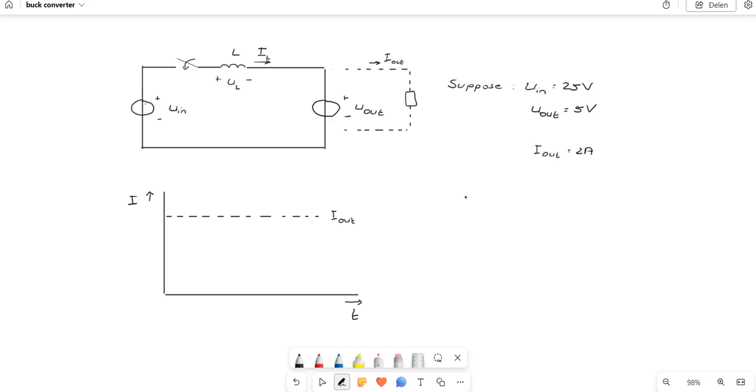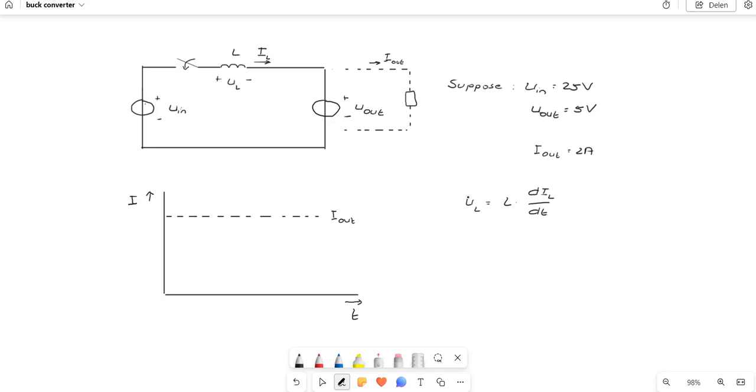UL, the voltage across the inductor, is equal to L, the inductor value, times the derivative of the current through that inductor, IL, with respect to time. So it's L times dIL/dt.